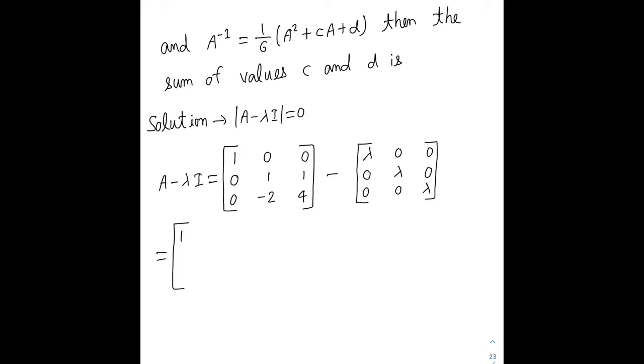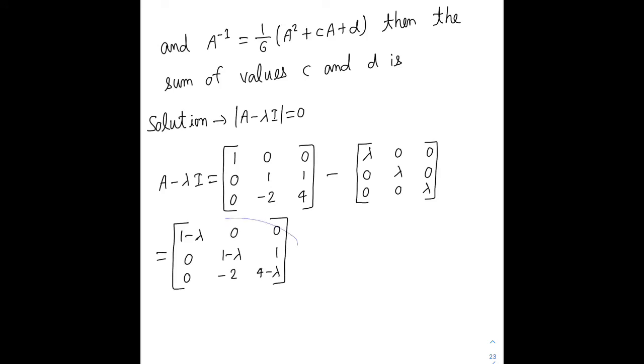So we'll get 1 minus lambda, then 0, then 0, then 0 again, then 1 minus lambda, then 1, then 0, then minus 2, and then 4 minus lambda.